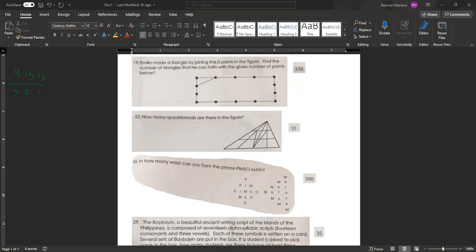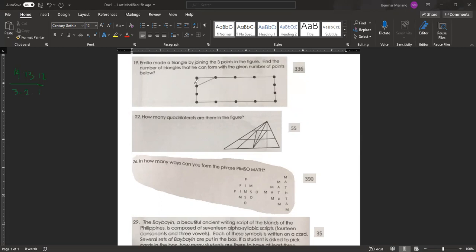Now, based on this figure, we need to remove the collinear points because if we use these 3 points, the ones that I am encircling right now, we cannot create a triangle with those 3 points simply because those 3 points are collinear. Got it? So we need to remove that one.